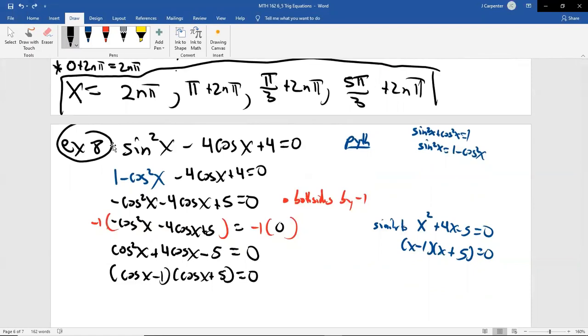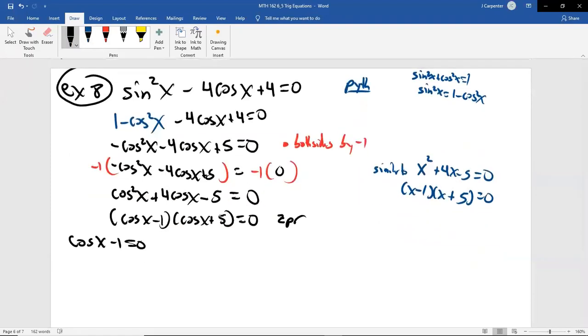And now here we apply our zero product rule, which means we set each factor equal to 0. So we set the cosine of x minus 1 equal to 0. And then we set the cosine of x plus 5 equal to 0.